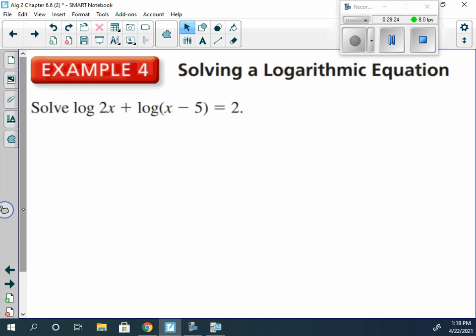And we actually do have a way of doing this. Because our multiplication property of logs stated that log base b of m times n is the same as log base b of m plus log base b of n.